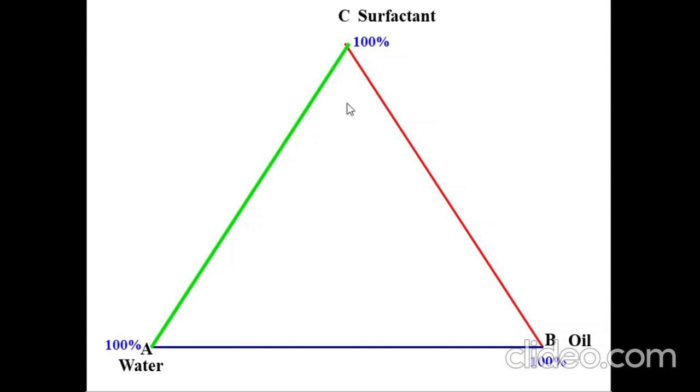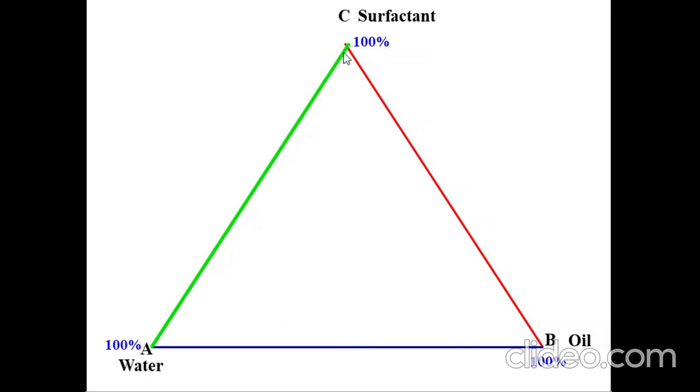Now, the opposite side of each of the vertices represents 0% of the specific component.